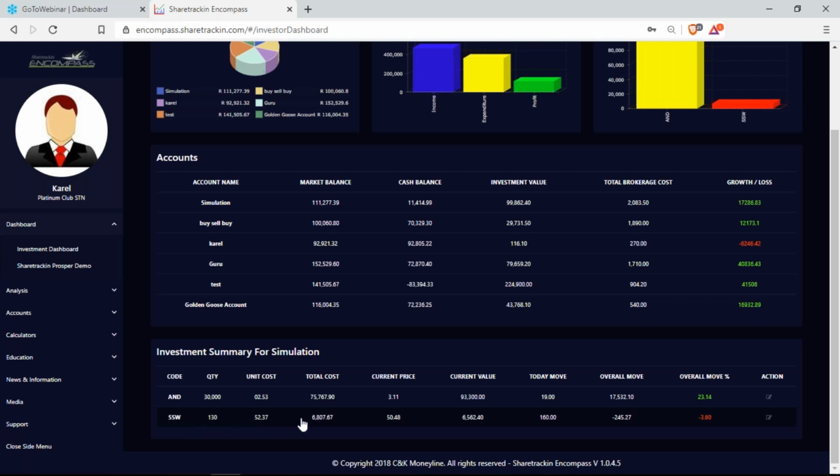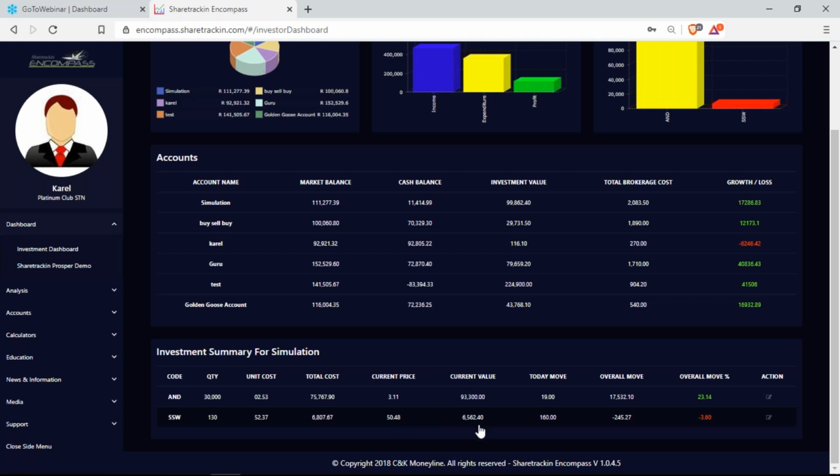We bought 130. Now you will see that there's a slight change in the unit cost. The reason for that is that is the price per share that we paid, including brokerage. Okay, the total cost is what we paid, including brokerage. We have the current price. So the current price is what one share is worth in the market now.